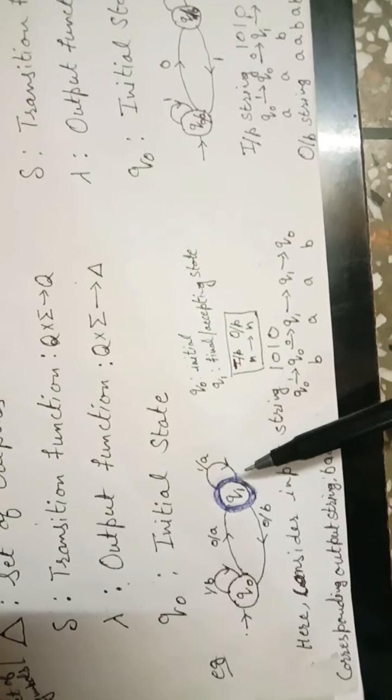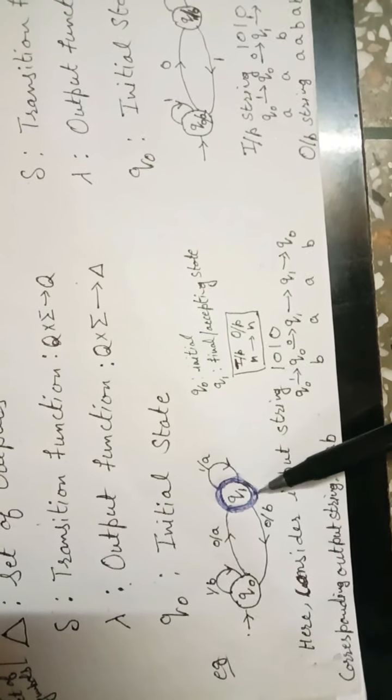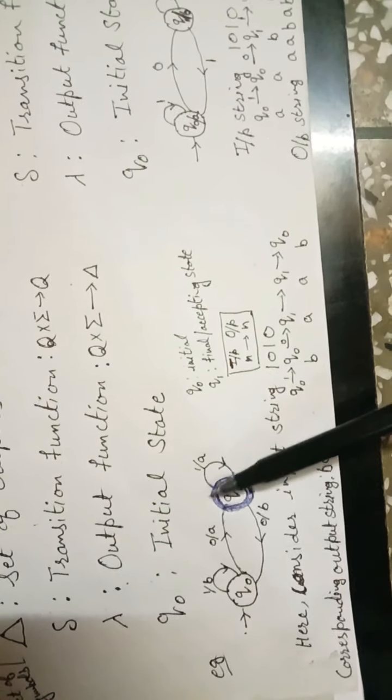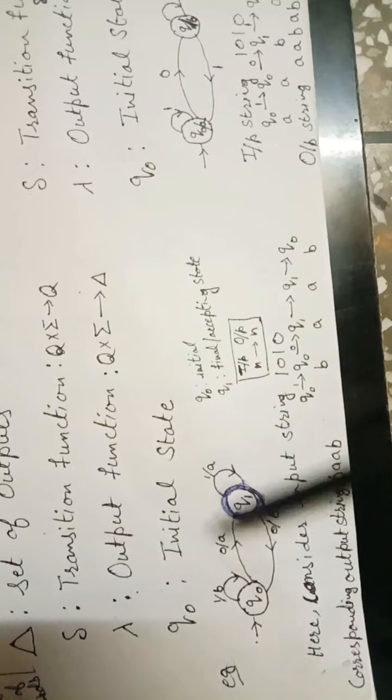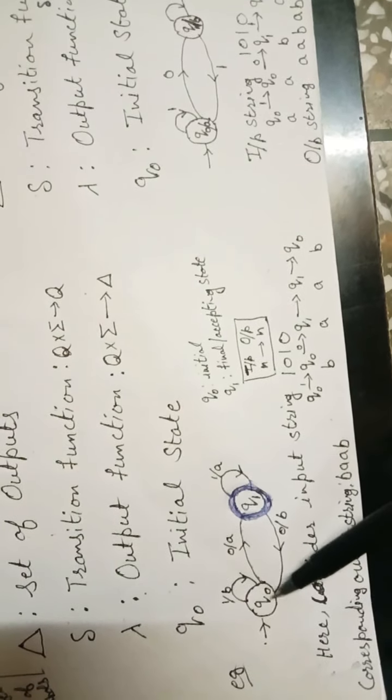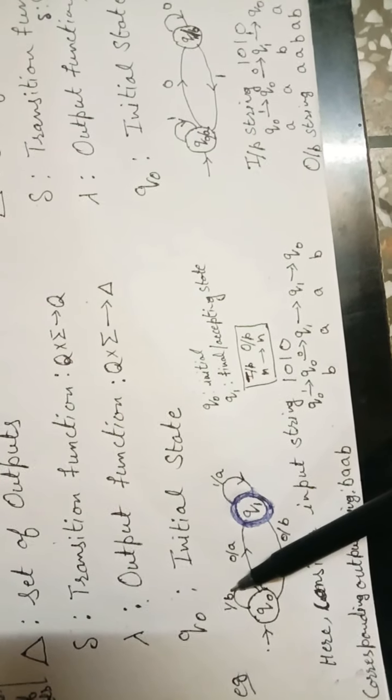In finite automata with output, we don't draw any state with two circles because there is not any final state. So here is how to read this finite machine: Q naught is getting input 1 and producing B output.